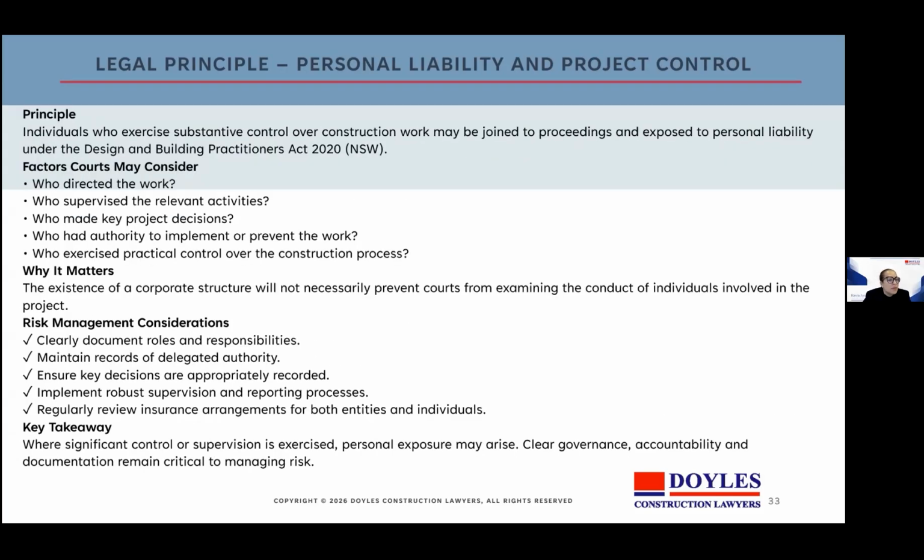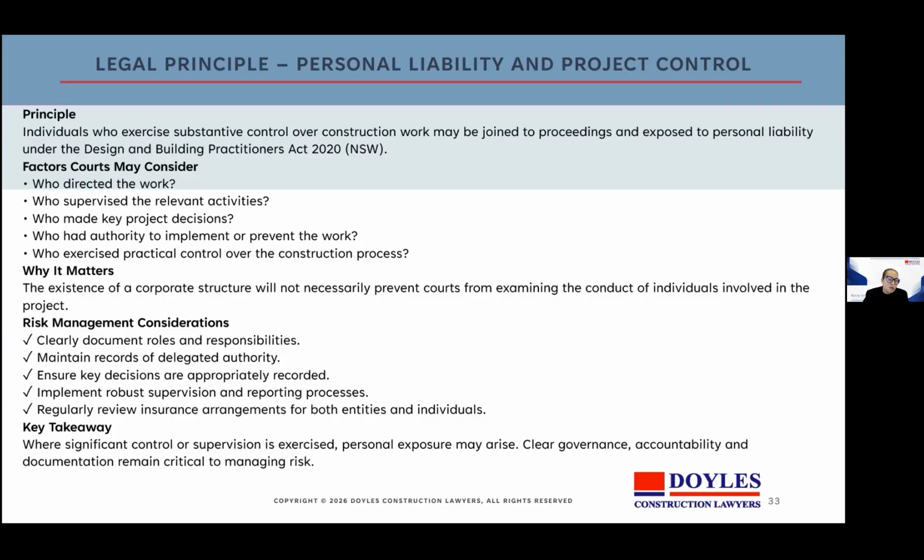Personal liability and project control. Individuals who exercise substantive control over construction work may be joined to the proceedings and exposed to personal liability. So the factors that the court considers are who directed the work, who supervised the work, who made key project decisions, who had authority, and who exercised practical control over the construction process. Why does this matter?